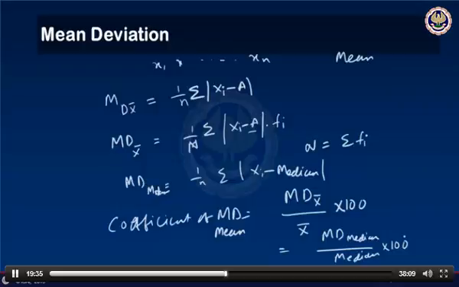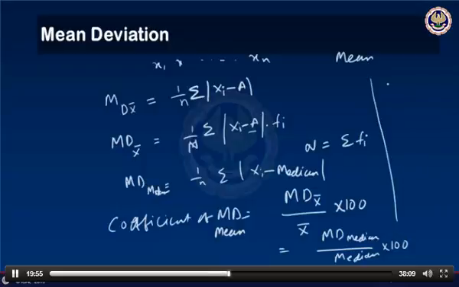Mean deviation takes a minimum value when the deviations are taken from the median. Also, mean deviation remains unchanged due to change of origin, but changes in the same ratio due to change of scale, y equals a plus bx.